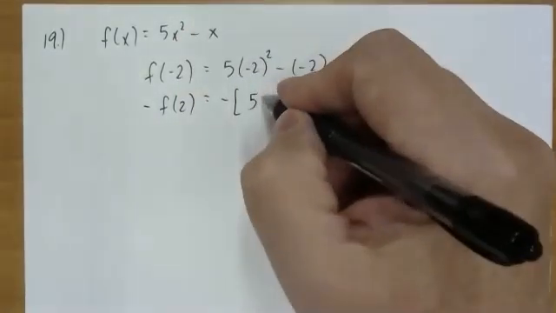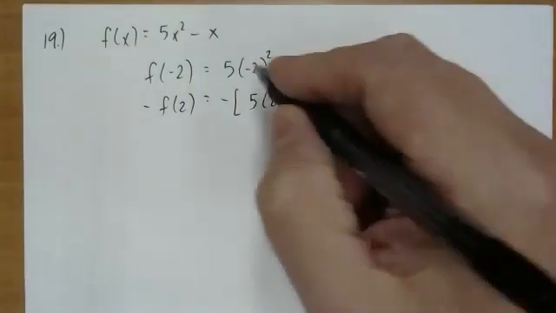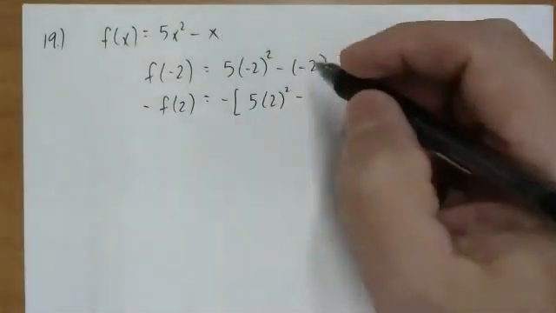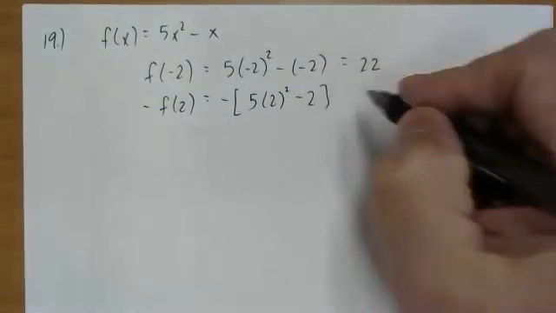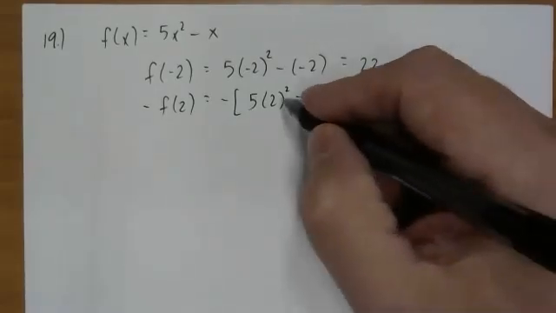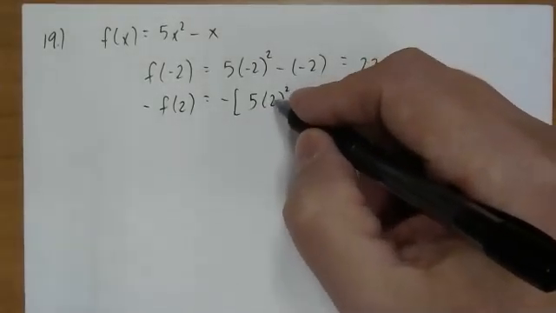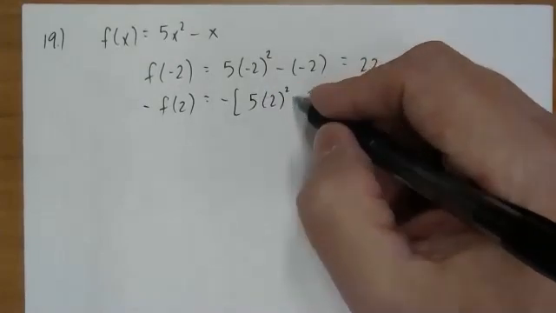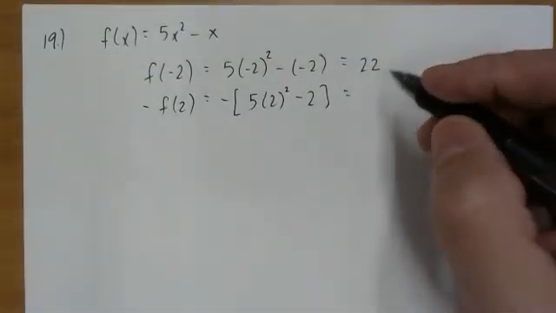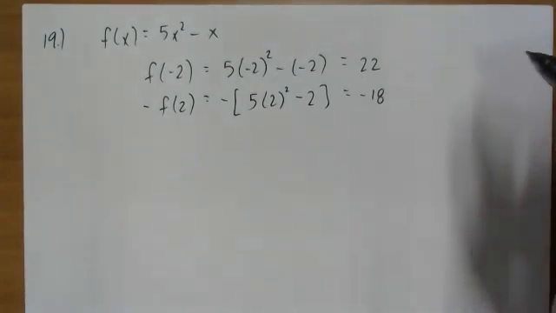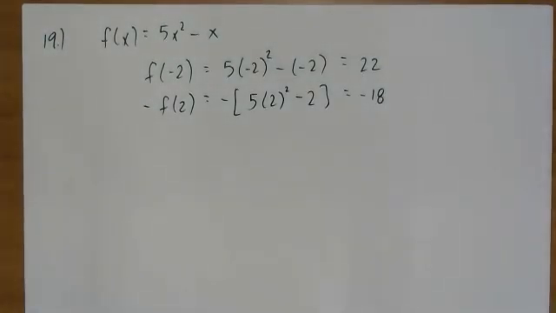So 5x squared becomes 5 times 2 squared minus x, minus 2. So inside these brackets, it's 4 times 5, 20 minus 2 is 18, but then it ends up being a -18.